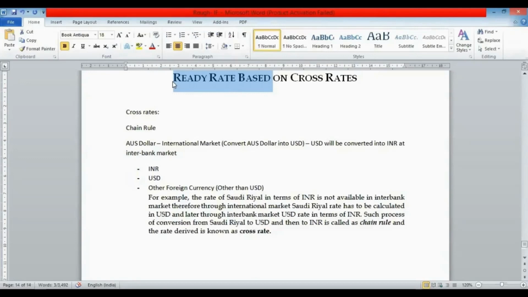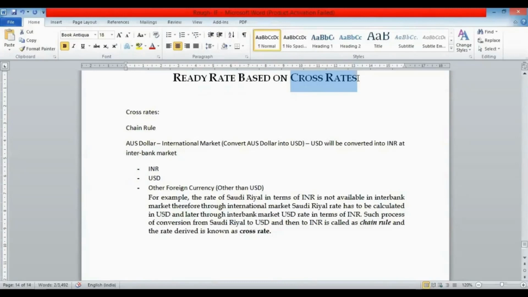In the previous format, we were making use of only the local interbank market, because we were making use of USD only. But now, in that format, along with the local interbank market, we will make use of the international market also. That means the cross rate will only bring an extension of the previous format with some little change in plus and minus.